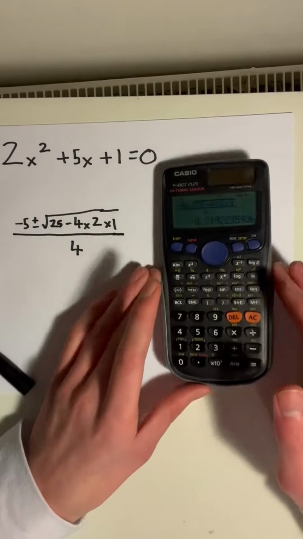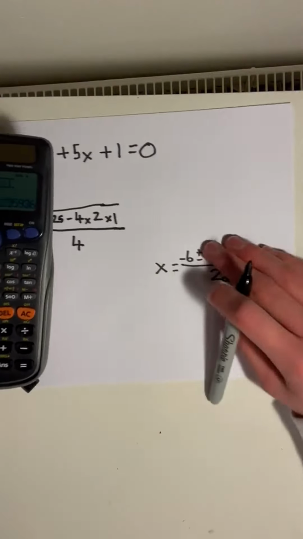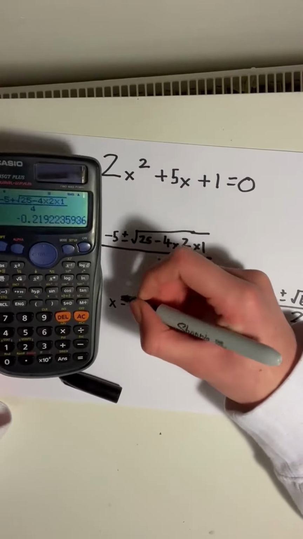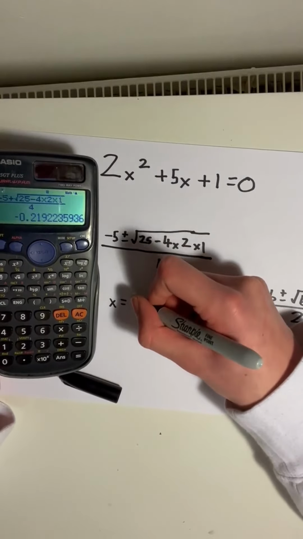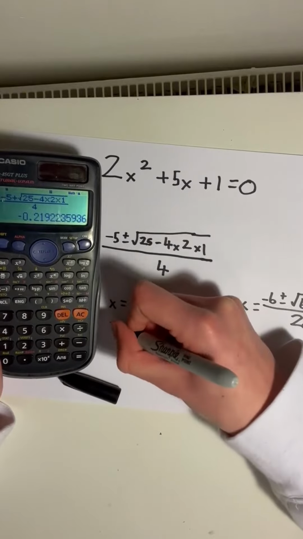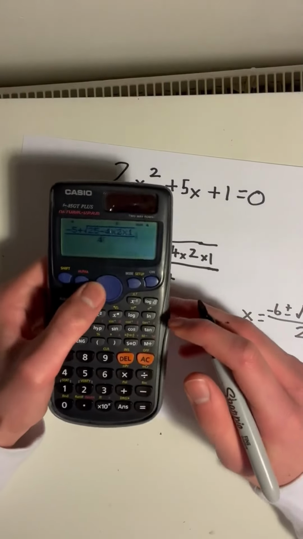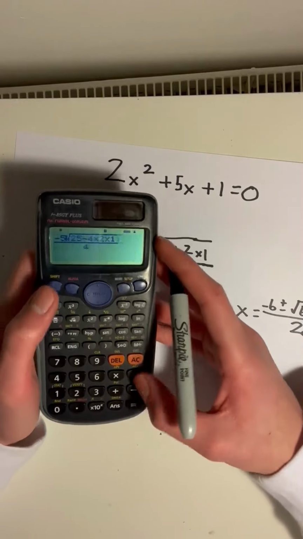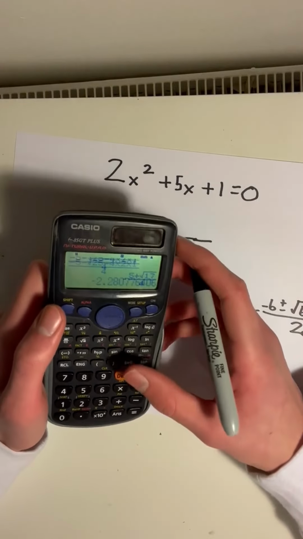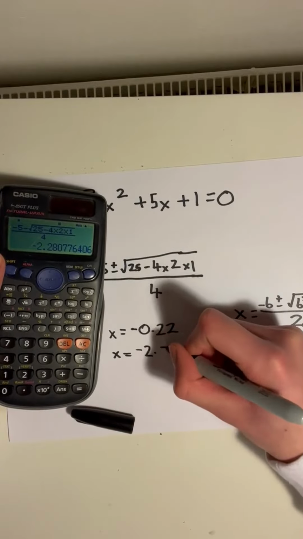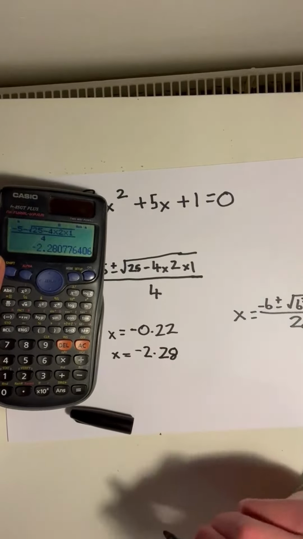Our first solution is x equals minus 0.22 to 2 decimal places. And our second solution, if we put the minus where the plus is now, would be minus 2.28 to 2 decimal places.